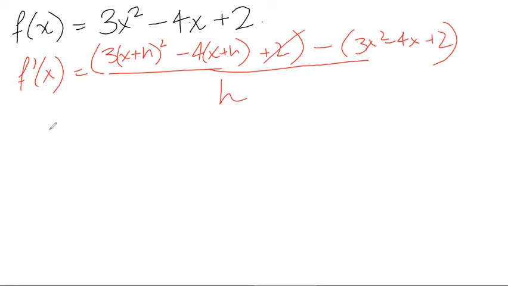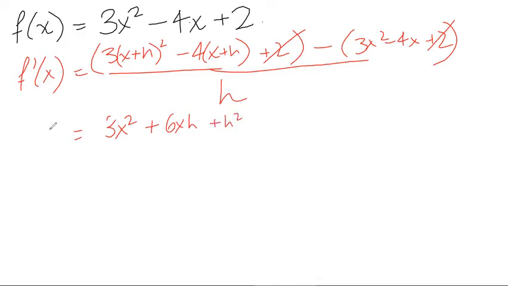Well, right here we can cancel out the plus 2's, and then 3 times x plus h squared. If you use perfect square trinomial, we can state that x plus h squared is equal to x squared plus 2xh plus h squared. Let's multiply that out by the 3, and we get 3x squared plus 6xh plus 3h squared.